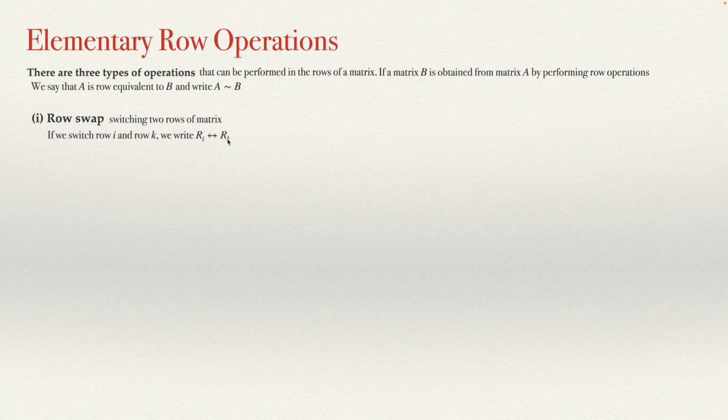and row K. For example, if A is a matrix that has these elements A sub 1,1, A sub 1,2 until A sub 1n in the first row, and we have a similar row here, let's call it row I, and with more rows we have another row K, and the last row at the end.